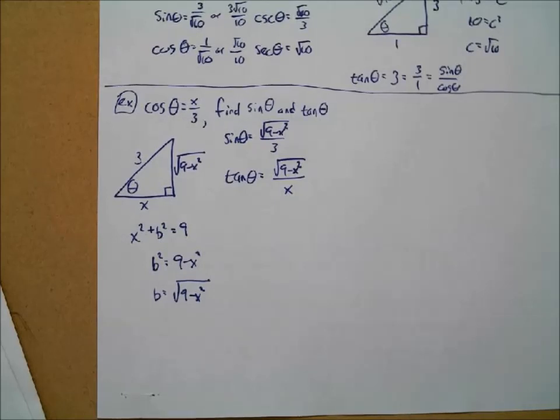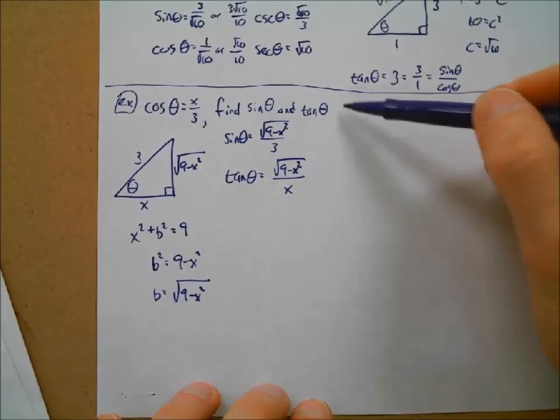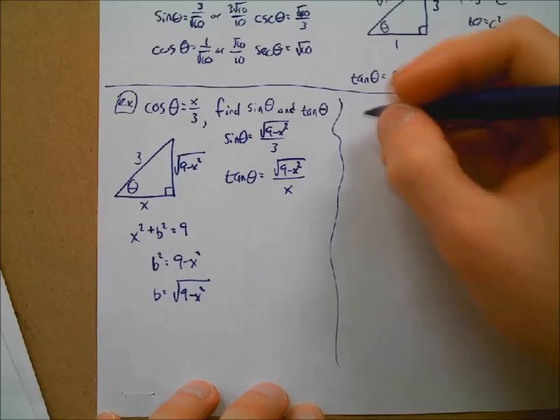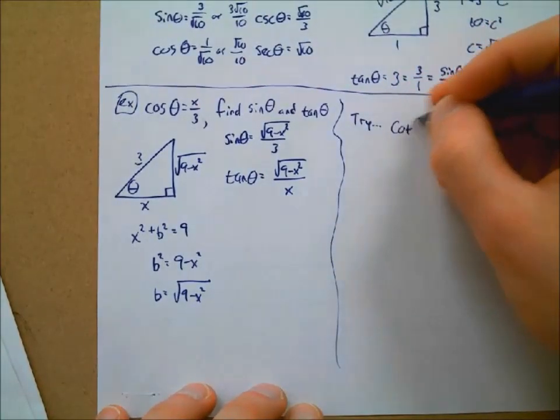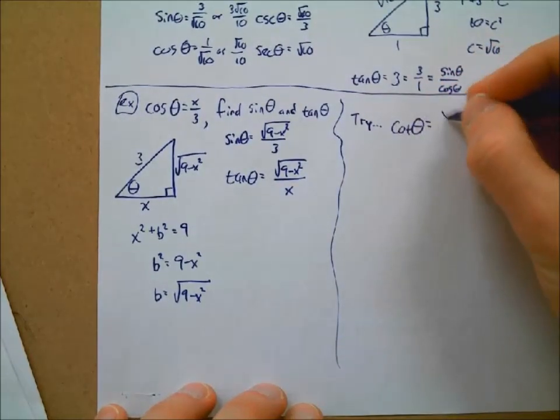Okay? Questions on any of that? All right, so you guys try this one then. The cotangent of theta is equal to x plus 2 all over 7.